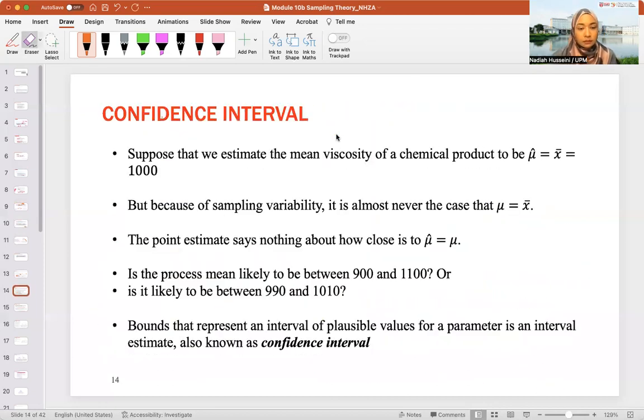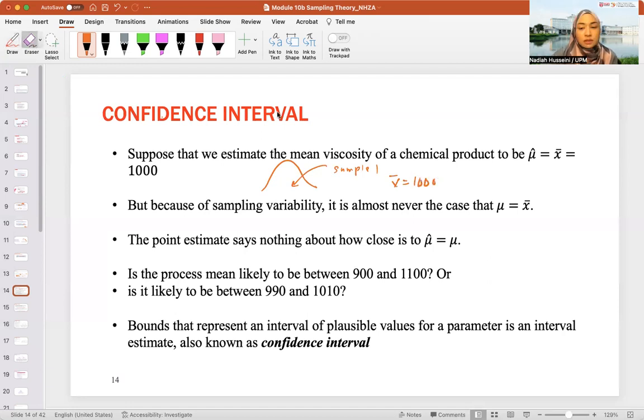Suppose that we estimate the mean viscosity of a chemical product to be 1000. This is our sample mean. But because of sampling variability, you have your population, you take a sample from here, sample number 1. Let's say the sample mean is 1001.